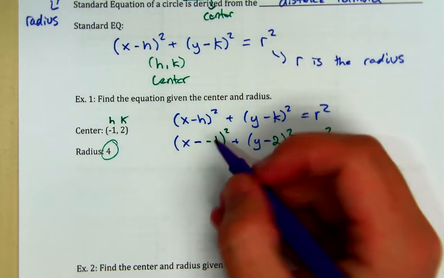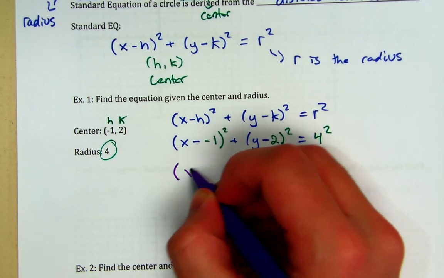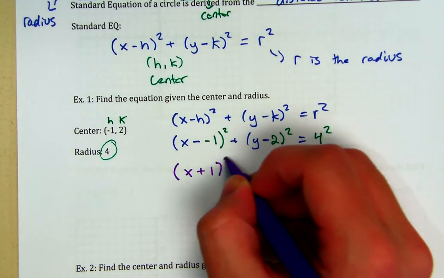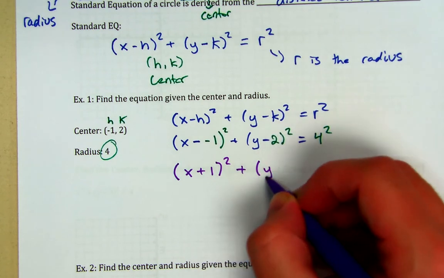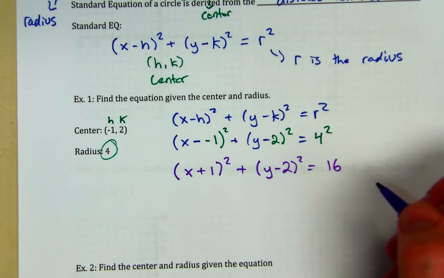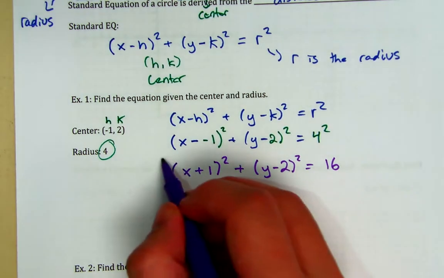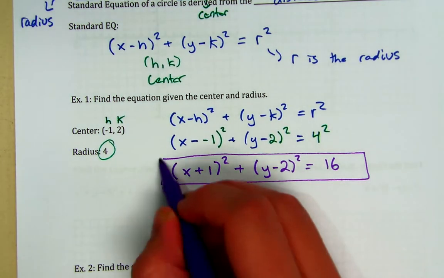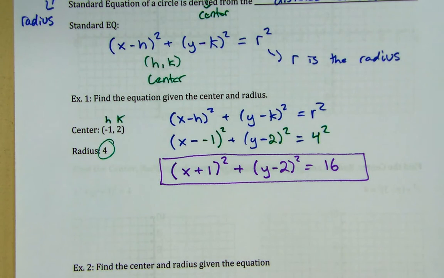That turns our equation into (x plus 1) squared plus (y minus 2) squared equals 16. It's literally as easy as that. So that's how you would write the equation.